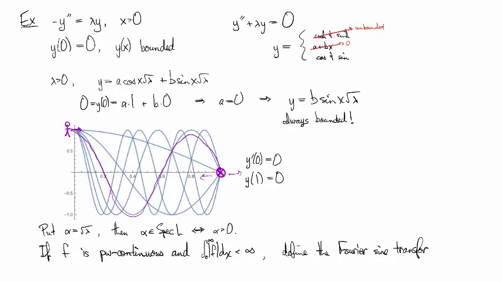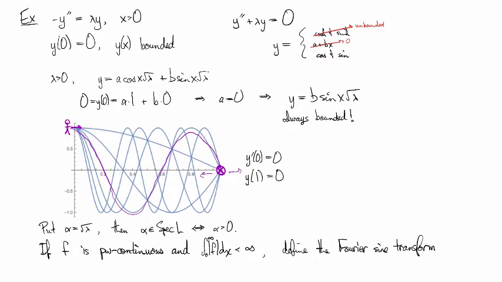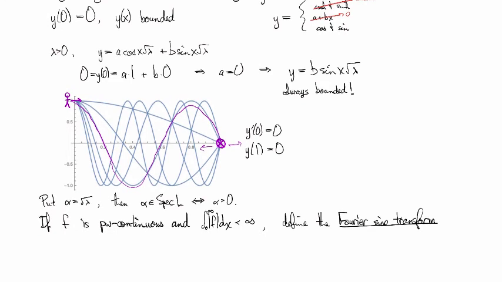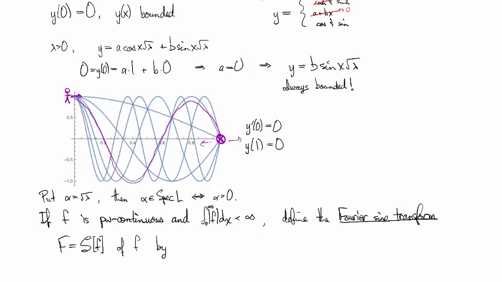So we looked at the Fourier transform and the Fourier series and the Fourier sine series and Fourier cosine series. So this is the integral analog of the sine series. And so capital F is going to be the Fourier sine transform of little f, and it's defined by F of alpha is the integral from 0 to infinity of f of x sine alpha x dx.